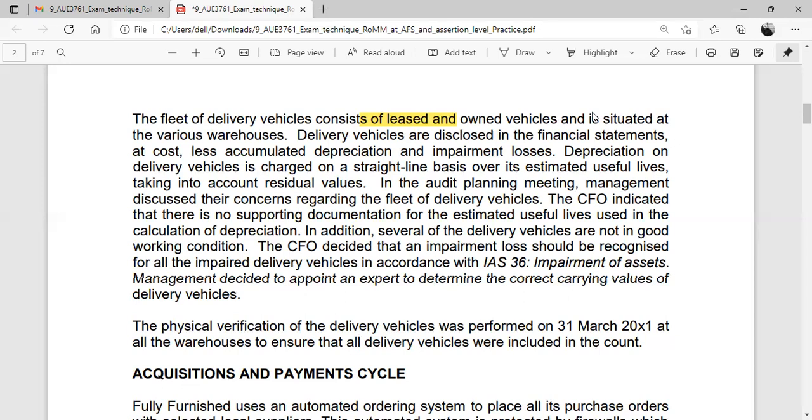So we have established that there's a risk that these leased delivery vehicles could be included in the financial statements. So there's an assertion that's affected there, and I want to find out from you guys, is it rights or is it occurrence, and why?